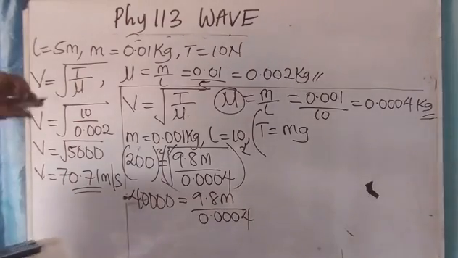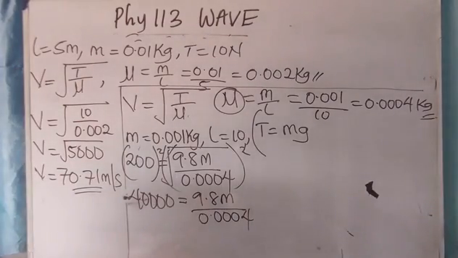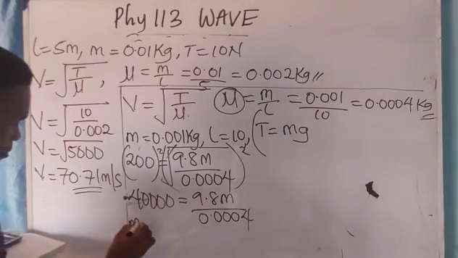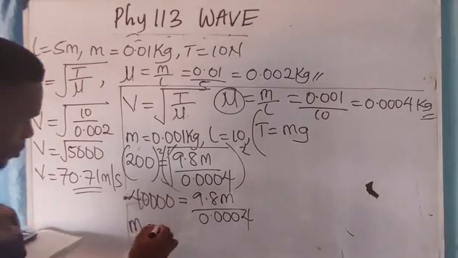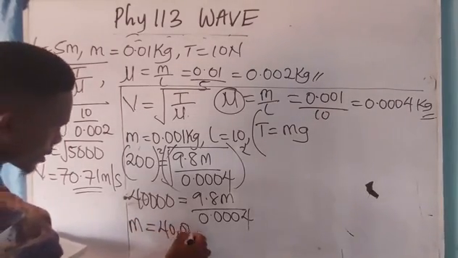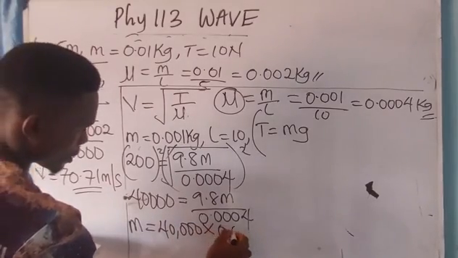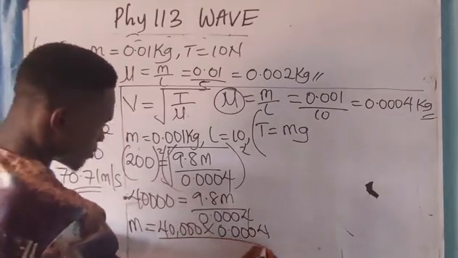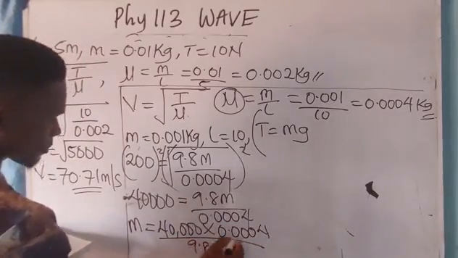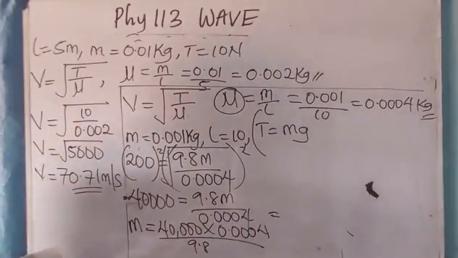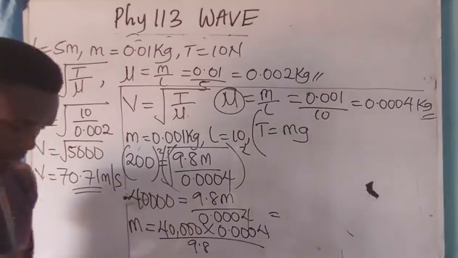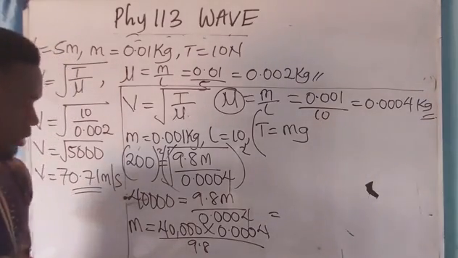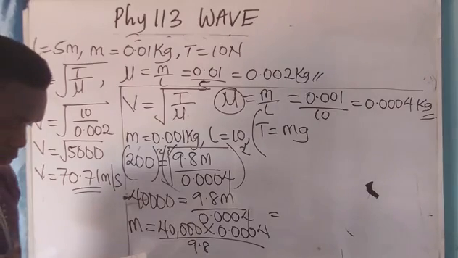Now what do you do next? You cross multiply and divide. It therefore means that m is equals 40,000 times 0.0004 divided by 9.8. So 40,000 times 0.0004.